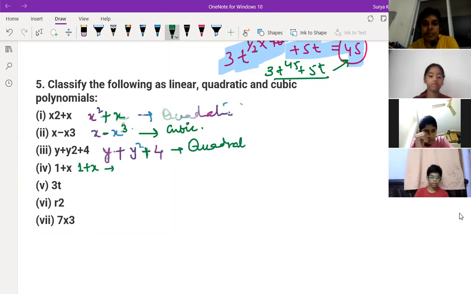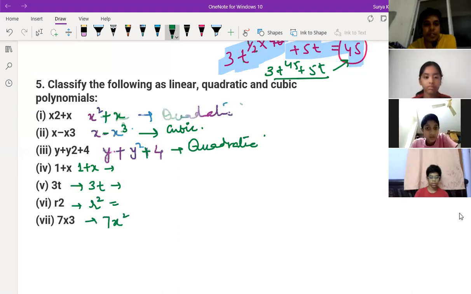Sir, it has a power 2. All right. Next, Sai Charan, 1 plus x. Yeah, it's linear, sir. Linear. Next, Satvik, 3t. Sir, it's also linear, sir. r square.